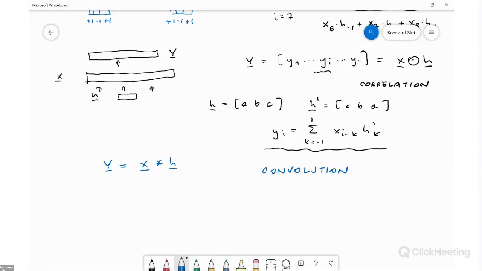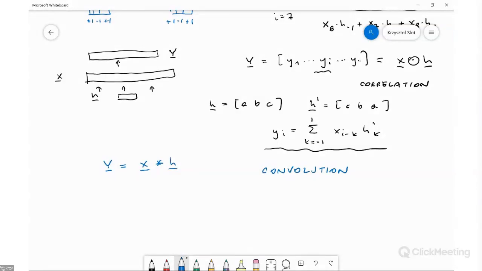That's why convolution was the method of choice when talking about signal transformations. But basically, they are both equivalent if we make an appropriate flip of the filter.